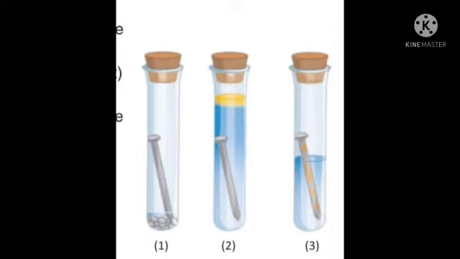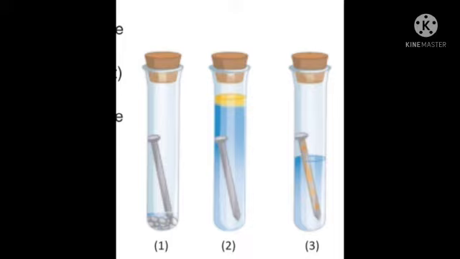Then how to do this? First step, take three test tubes and label them as 1, 2 and 3 and place a clean iron nail in each of them.